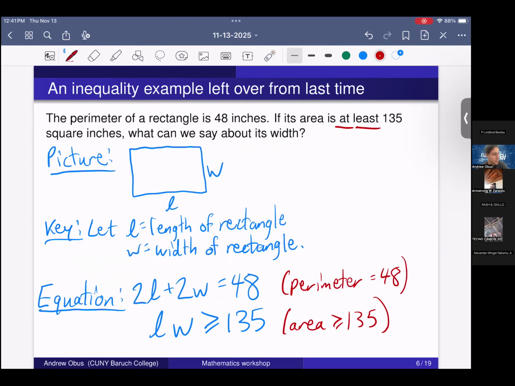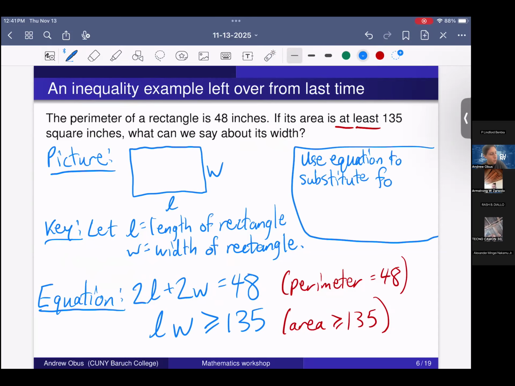So the strategy is to use the equation to substitute for L in the inequality.